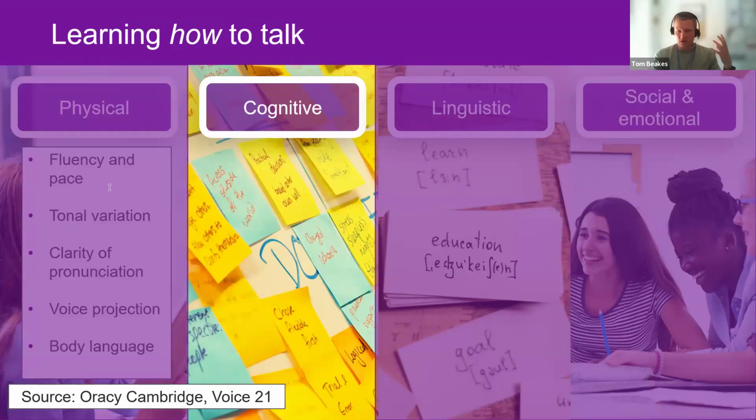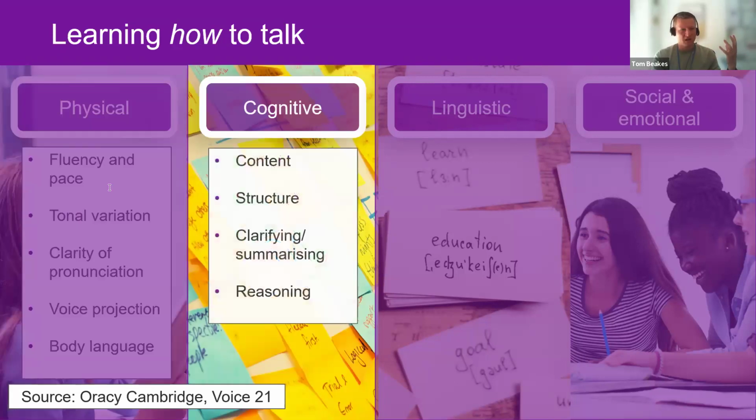There were also cognitive skills. So that involved things like focusing on the content of what you say, choosing what to say to convey your intended meaning and purpose, and then also building on the content of what other people say. It's also about how to organize what you're saying, how to structure your talk.